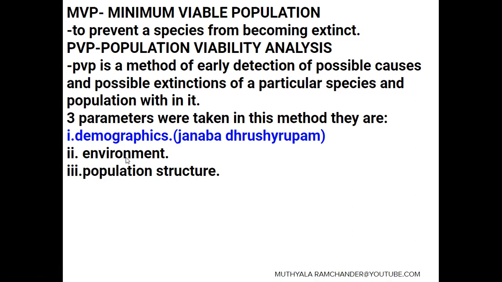These factors help in the early detection of species extinction from the diversity. So these are the loss of species diversity, or threats to species diversity, causes, and maintenance principles.